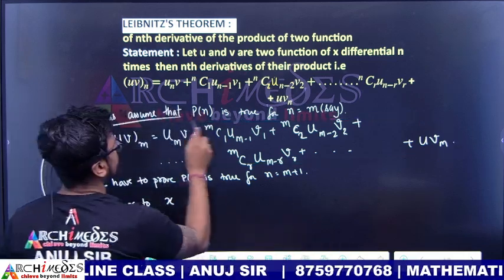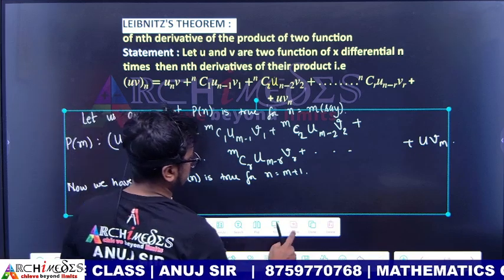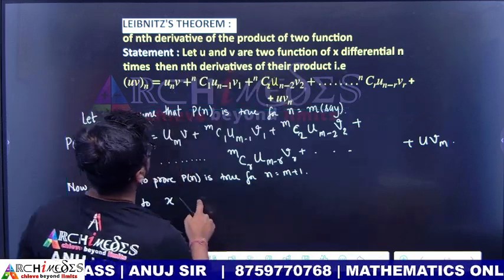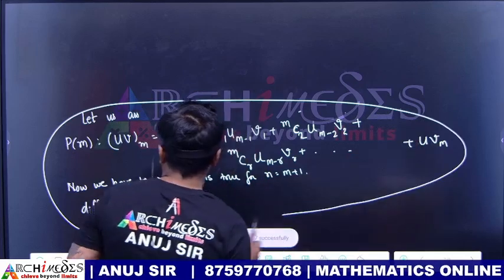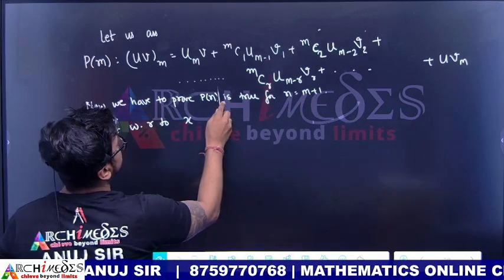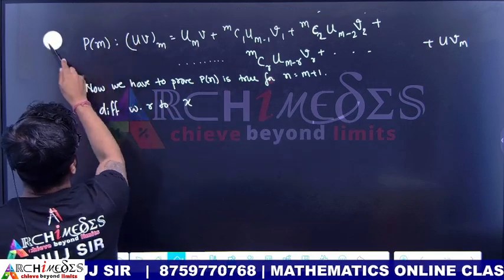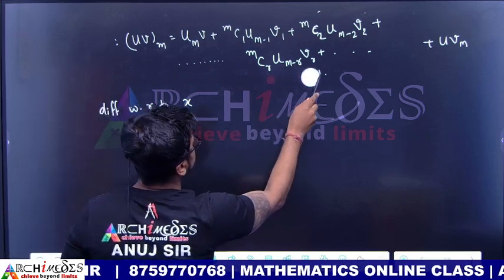Just wait, I need this part, the final part. So look over. That means if we differentiate this one, clear? So now I am differentiating this with respect to x.